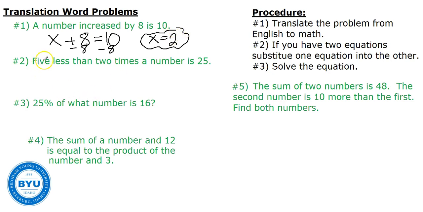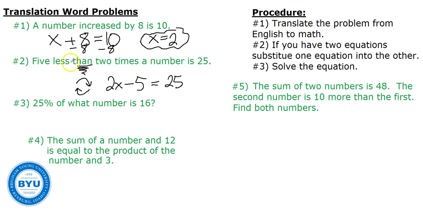Let's try another one. 5 less than 2 times a number is 25. Now the first thing you want to catch here is the word than. Than means to flip the entire statement. So I'm going to write 2 times a number first. So that's 2x. Less than means subtraction. 5 is 25.